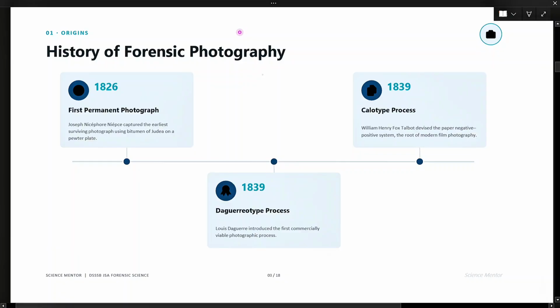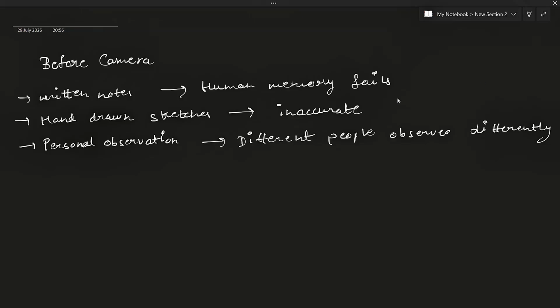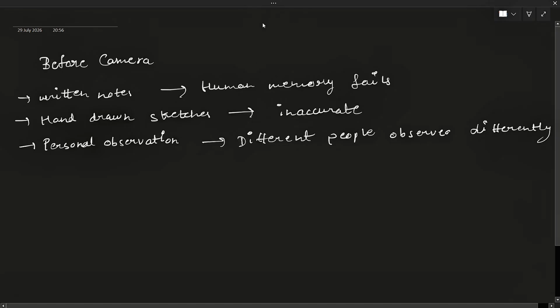One of these three is more important for your examination. Now I'm going to write these on the blank board. Let me take a pen first.